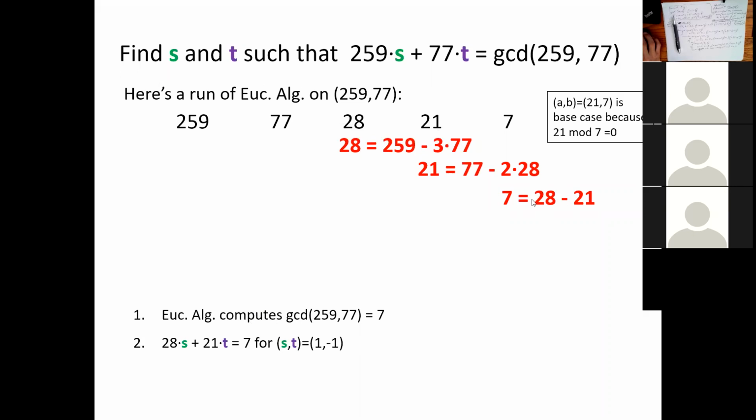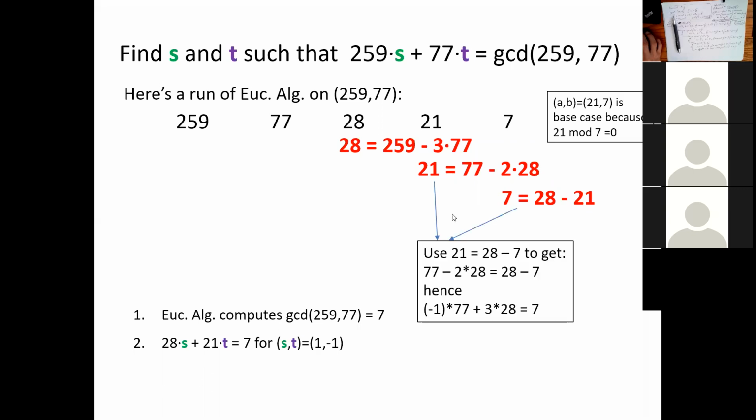The coefficient here was 1, the coefficient here was -1. It doesn't have to be -1, it could have been some other multiple, but it just happens to be -1 here.